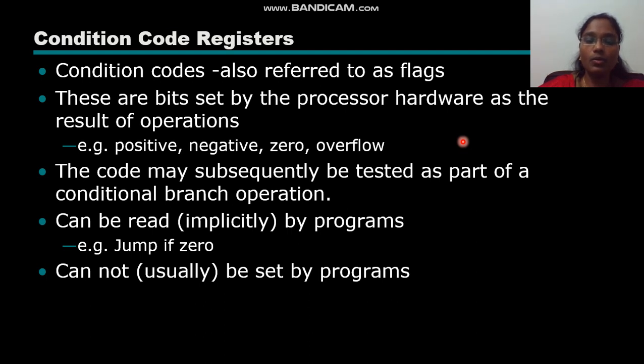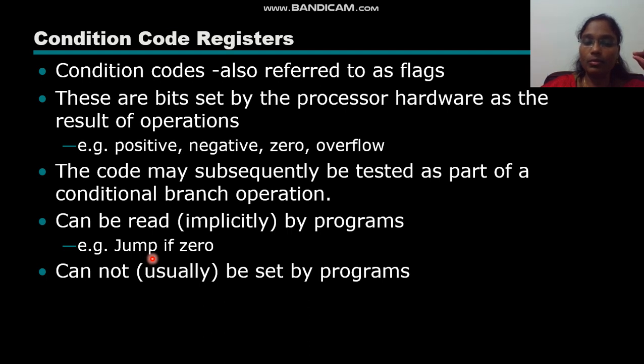Now during any conditional branch operations, these condition codes are tested. For example, if you can see here some conditions like that: if the value is 0, then jump. In that case, we will be reading this condition code, and based on the value, the decision will be made.